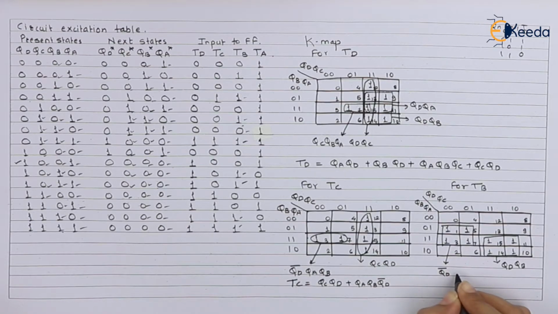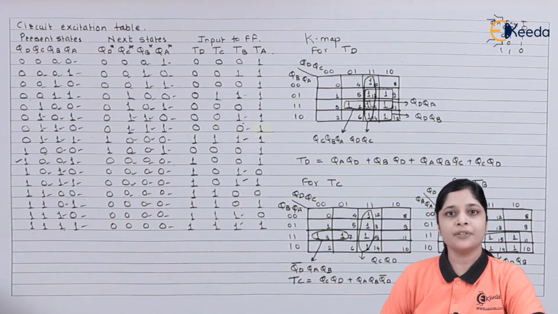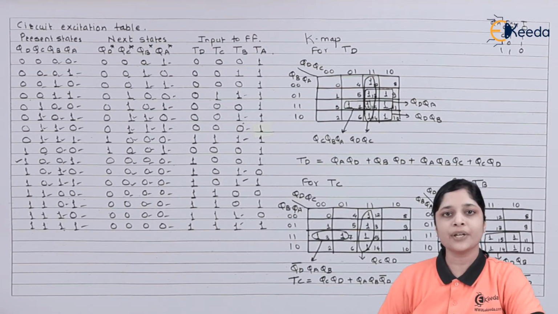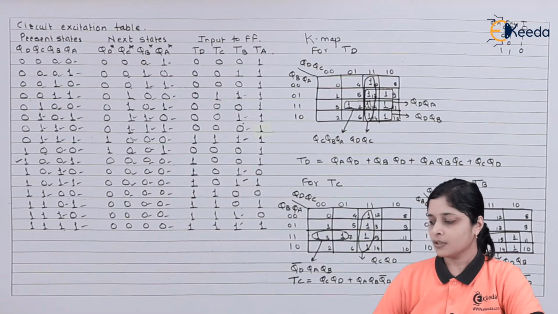QD bar dot, here QA is same, QB is changing. So finally we can write here what? TB equals to QD QB plus QA QD bar. In this way you have to write the K-map equation for the TB.